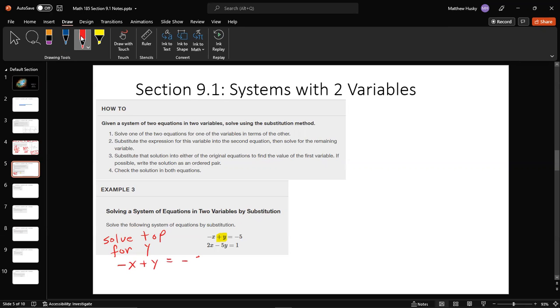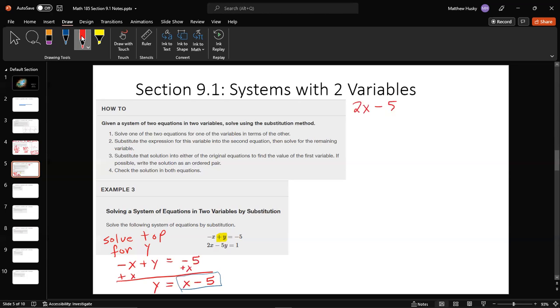Negative x plus y is equal to negative 5. I want to solve that equation for y, which means I'll want to get the y by itself. I will add x to both sides. And when I do that, I will end up with this, y equals x minus 5. What I'm going to do is take this thing that I just got and put it into the bottom equation for y.